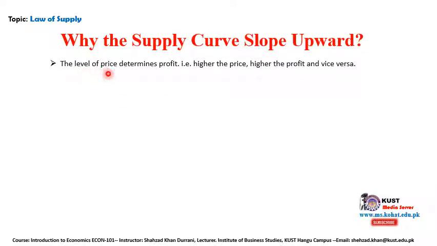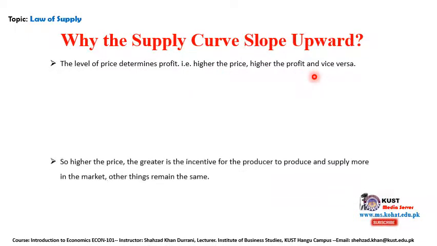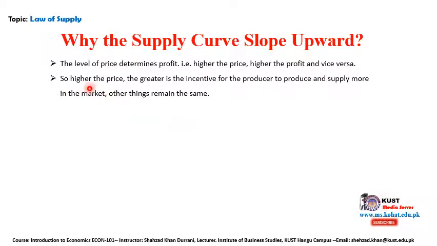The level of price determines profit. If there is an increase in price, it means that you are earning more. So the higher the price, the higher the profit, and vice versa. And the higher the price, the greater the incentive for the producer. Producers look for incentives, and they will have them only if there is an increase in price.